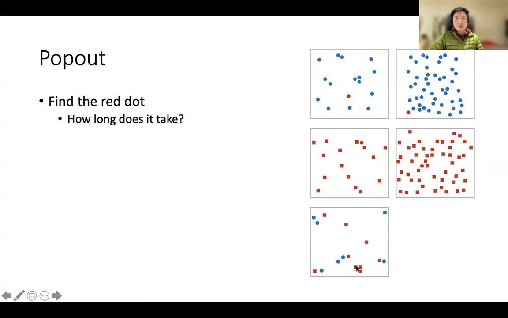So it's a red circle. One of the reasons this happens is because here we only change one channel. This is only the color channel, and this is only the shape channel. So we can pick it up much faster. Here we have two channels and they both change, so both the color and the shape change, and it takes a little bit longer.